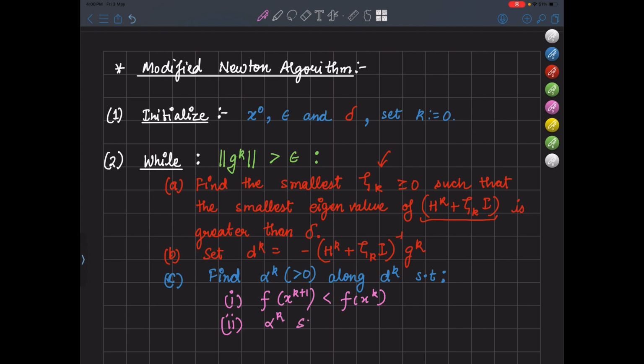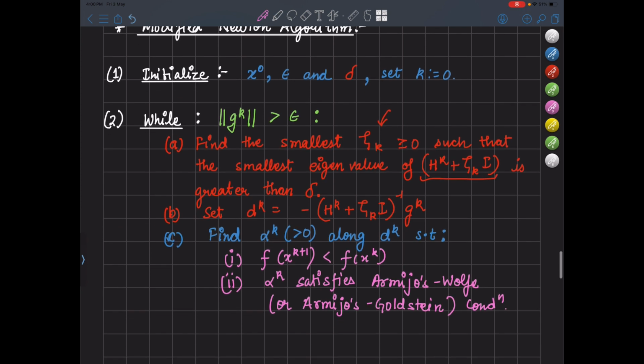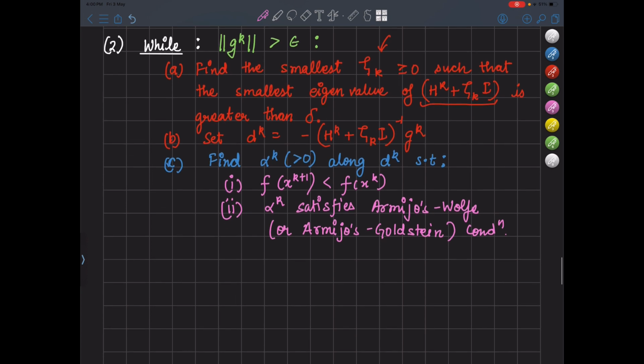So alpha k satisfies the Armijo Wolfe or Armijo Goldstein condition. So you have found both the direction and the step length.